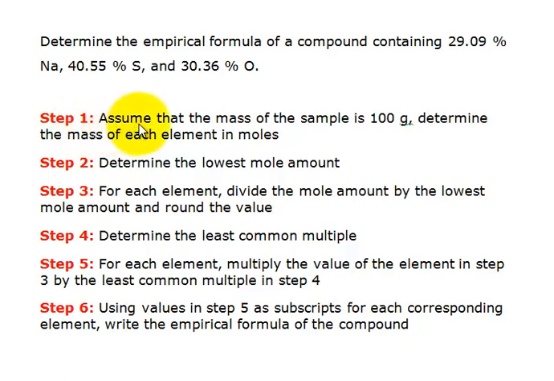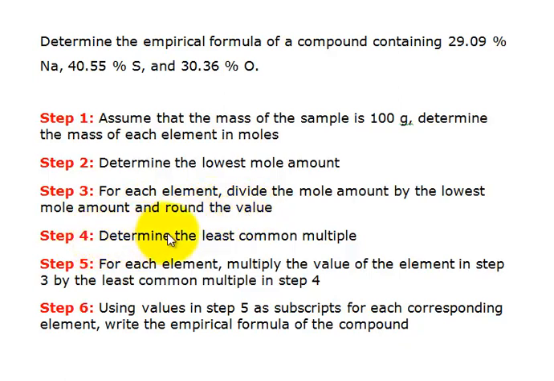Step 1 is to assume that the mass of the sample is 100 grams and determine the mass of each element in moles. Step 2 is to determine the lowest mole amount. Step 3, for each element, divide the mole amount by the lowest mole amount and round the value.